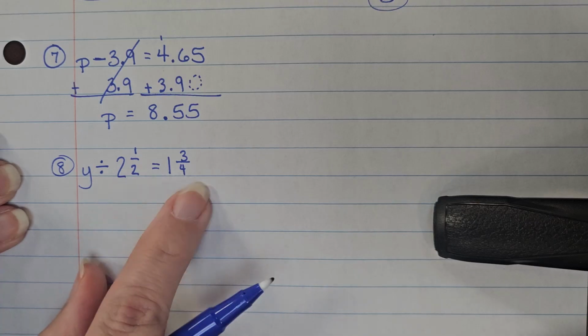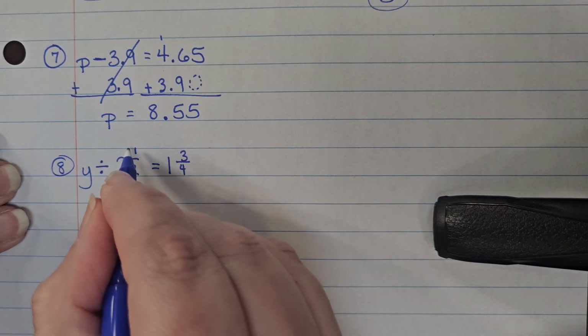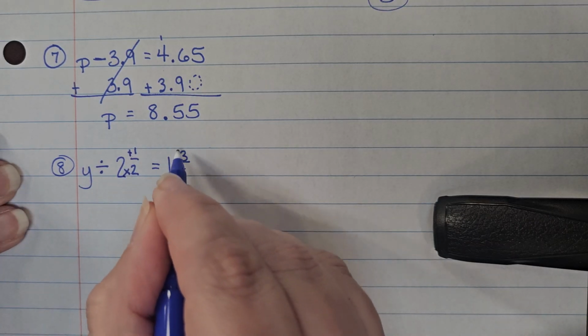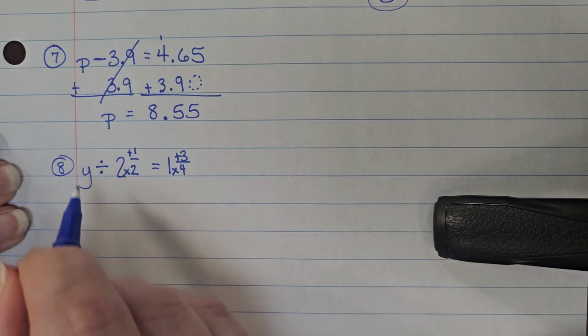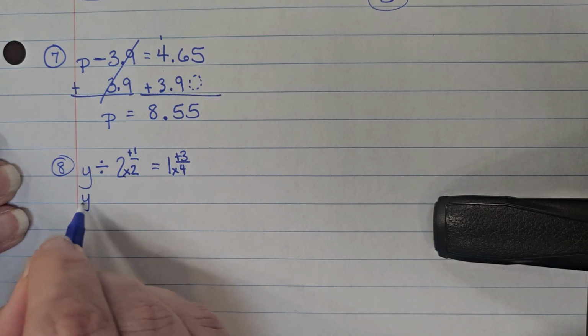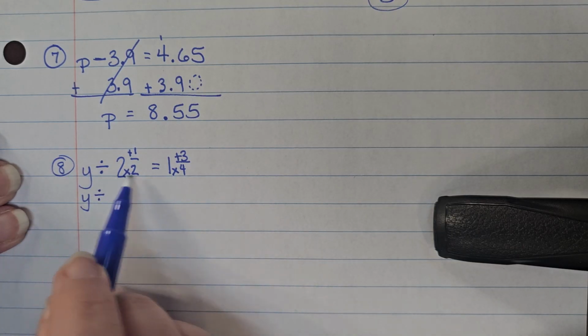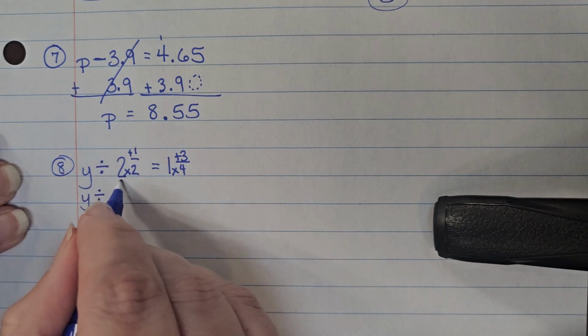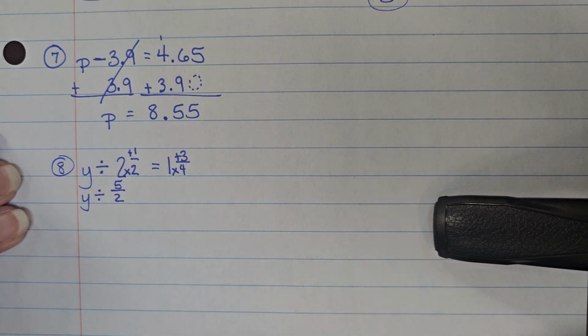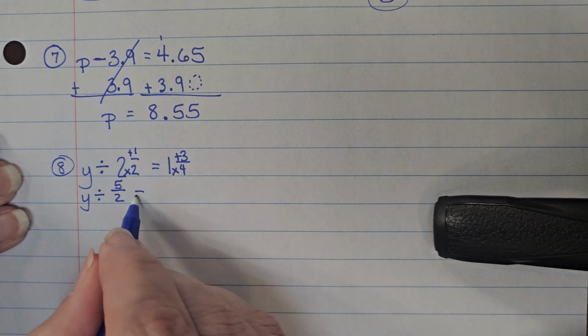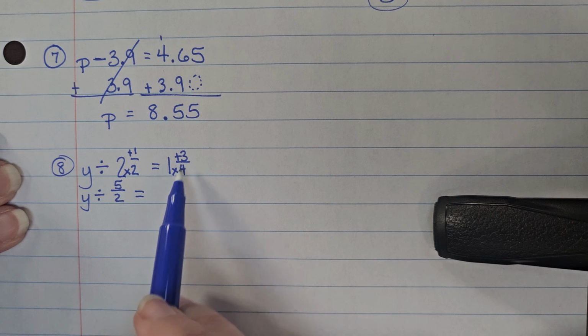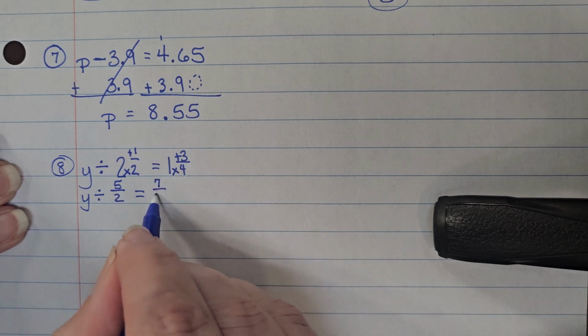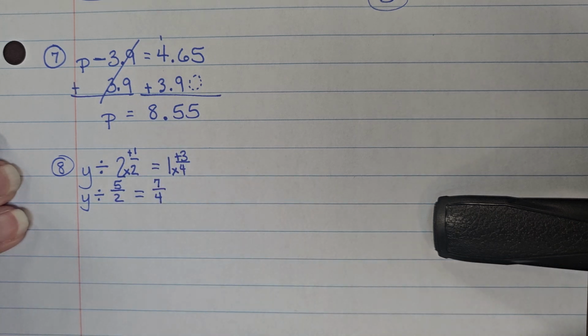Again, I can't leave this that way. I've got to turn them into improper fractions. So that's 2 times 2 is 4, plus 1 makes 5. Keep the denominator the same, so that's 5/2. And 7/4.